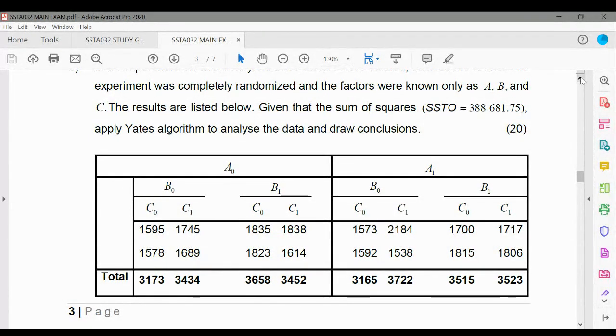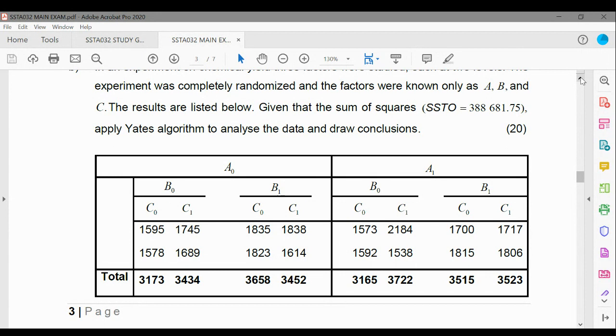The 2 to the power is 3, right? Because you can see A, you can see B, you can see C. Sometimes I can teach you this way, but the question comes in a different format. Don't be surprised.